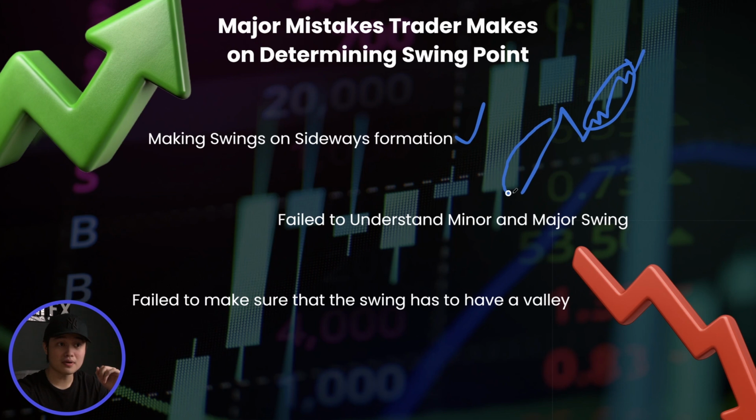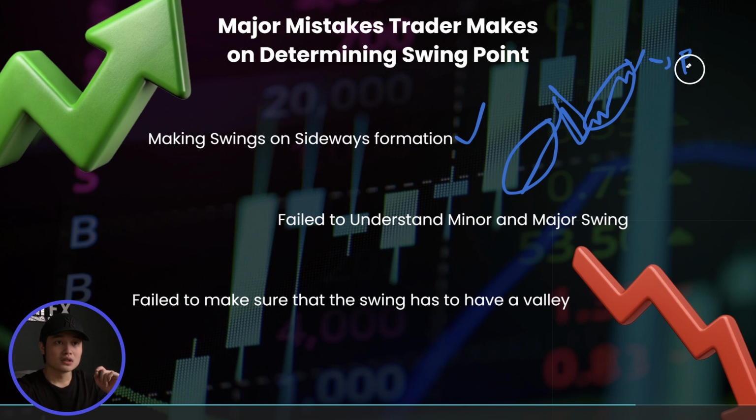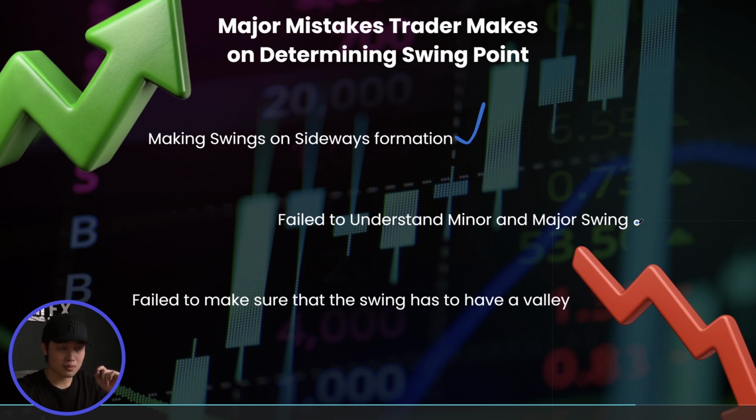This is the primary, this is the secondary, this is the minor inside the primary trend. I'm going to talk about the primary, secondary and minor or major trend in the next video. So this is number 2, check.